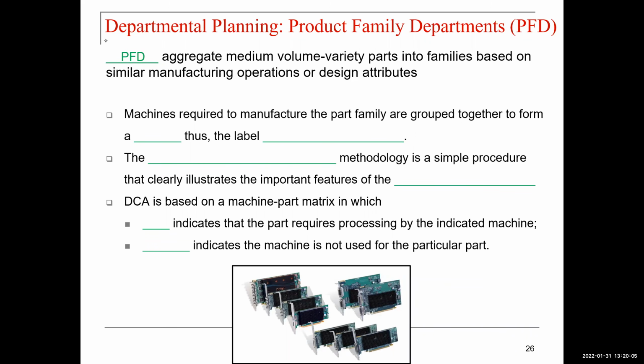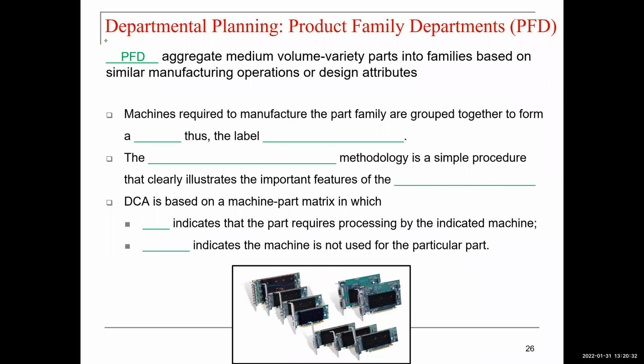So the product family departments. We talked about this already. I used the example of the cell phone, the Samsung, it could be iPhone. You have this major cell phone, and then you know that you have multiple models that are coming from this design. So we can call this a product family, right?